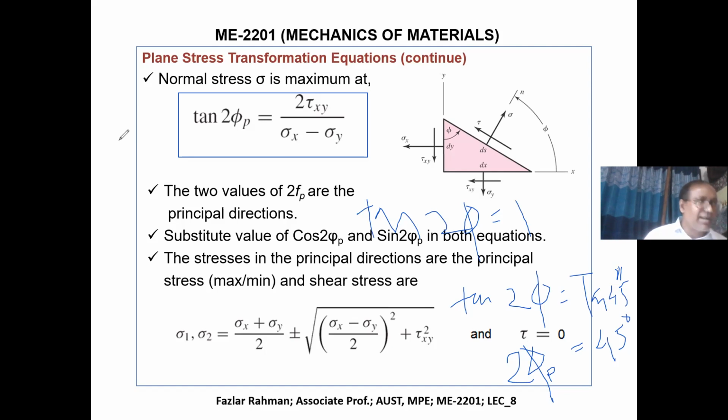If I add 90 degree, tan 135 will be how much? 45 plus 90, you will get 135, right? Yes, sir. Tan 135 equal to how much? Put your calculator. Okay, just a second, sir.